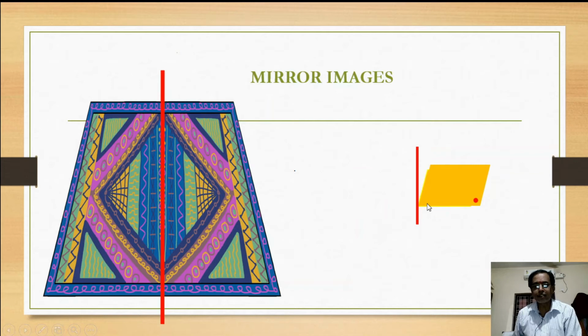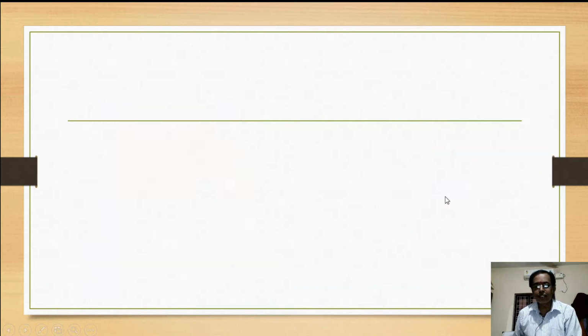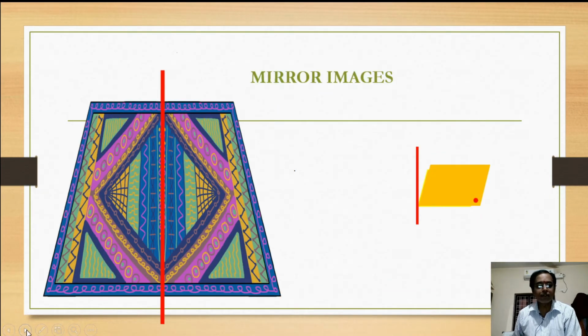Next, this object is also a mirror image, so this square is a mirror image of the original one. Once again here, this dot, actually it is a parallelogram, it looks like a parallelogram. This dot is at this corner, so whenever you see this object's image in a mirror, it looks like this. Children, like this you can get it.